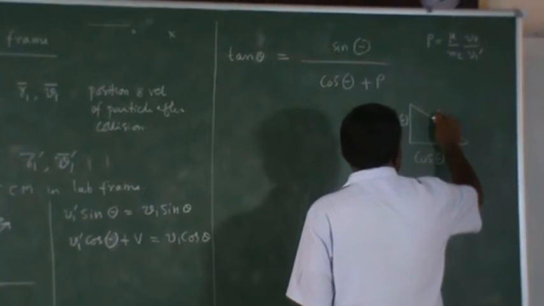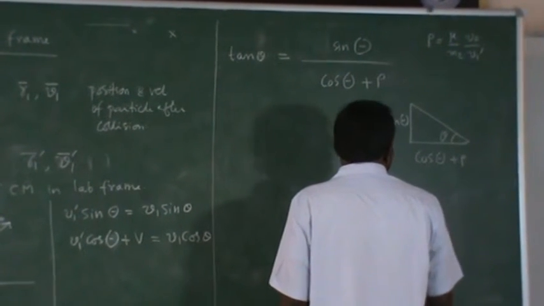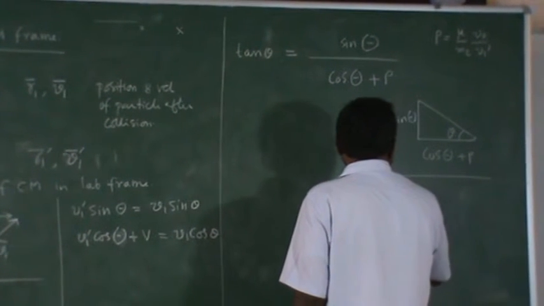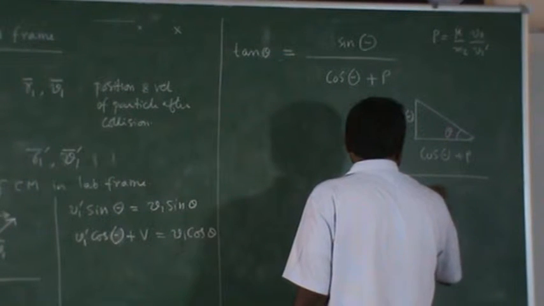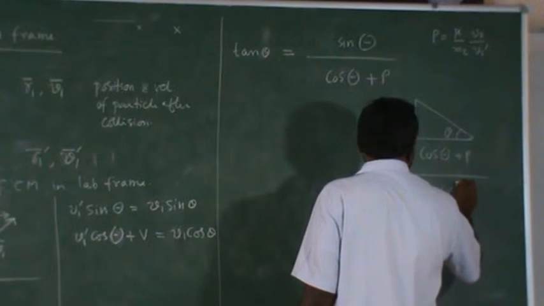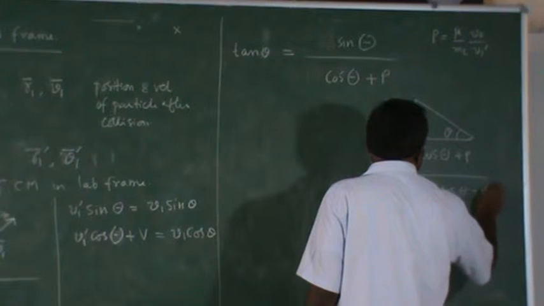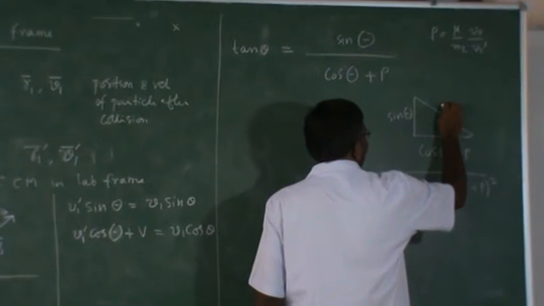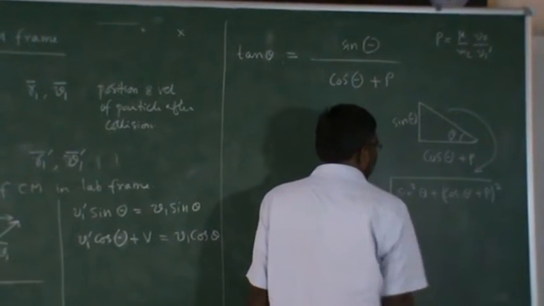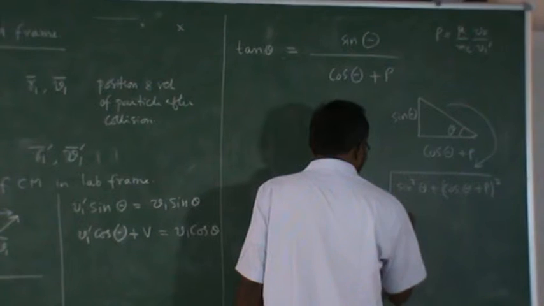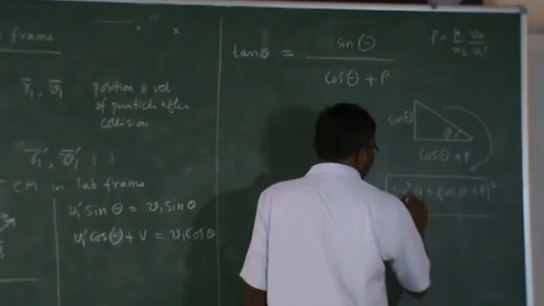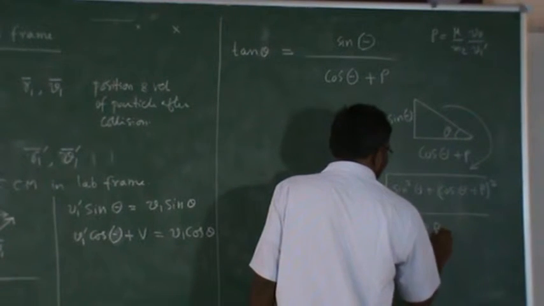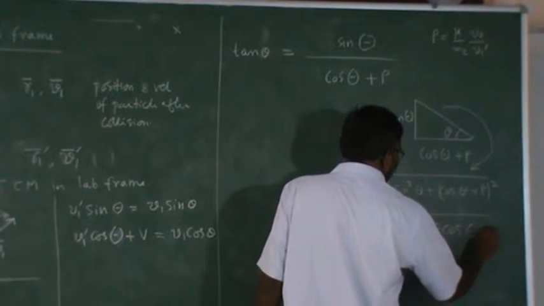So what will this be equal to? 1 plus rho square root of sin square theta plus 2 cos theta plus rho square, right? So this is equal to the square root of sin square theta plus cos square theta, which is 1. So 1 plus 2 rho cos theta plus rho square.